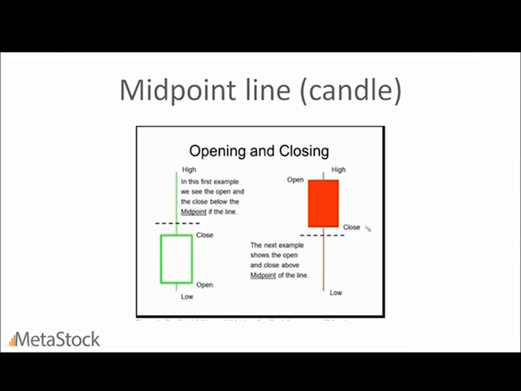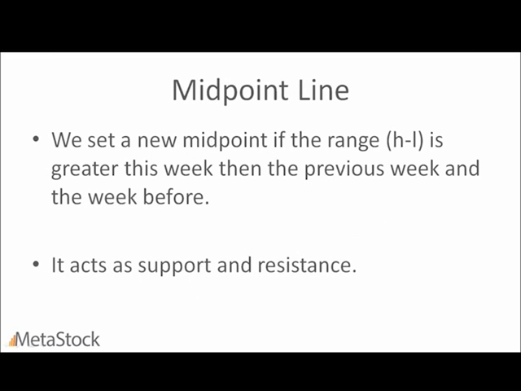But to establish the midpoint, it doesn't matter what the actual candle body is doing. We're looking at the entire range of the candle. So we're going to establish a midpoint based off of the entire range of that candle. So that's the first step, is to establish this midpoint.